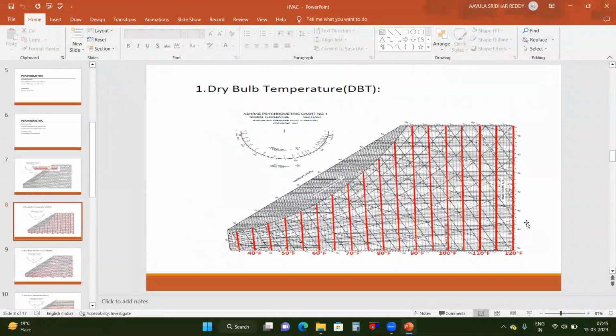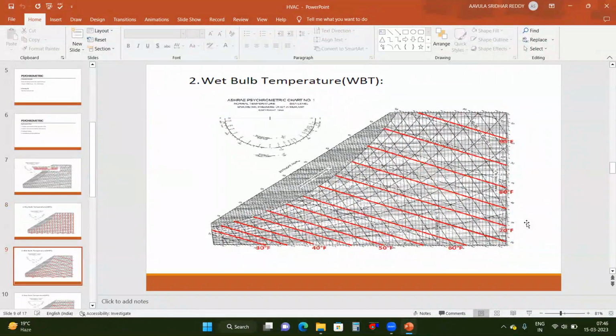So this is called dry bulb lines. If you take any chart, the dry bulb lines will be vertical lines like this, starting from 0 degree Fahrenheit. In this chart we have up to 120 degree Fahrenheit. So these are the dry bulb lines.